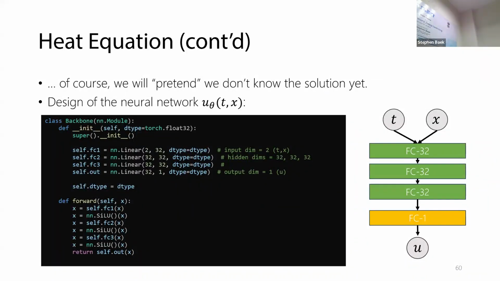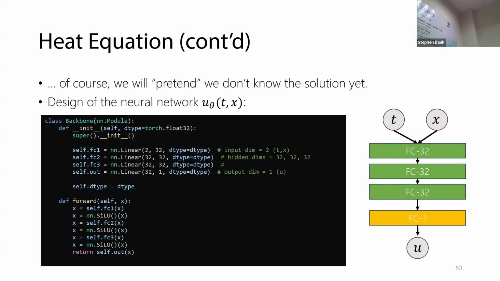So how do we solve this heat equation using PINNs? In terms of the design of the neural network, what we're going to do is have t and x as the input to the neural network, because we are talking about 1D heat diffusion. We have only one tangential rod.